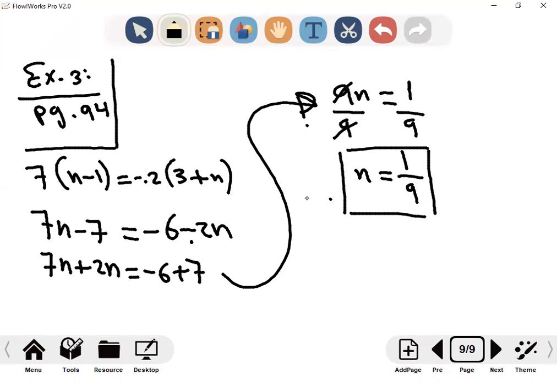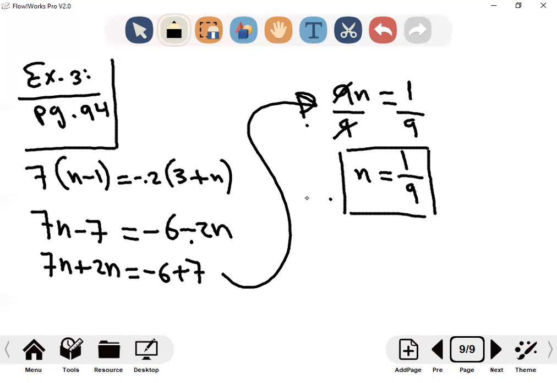What? How do you see it from the back? Yes, what? 7n negative 7. How to put it? Which one?